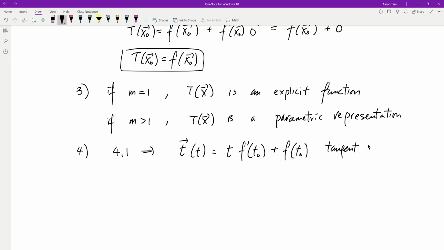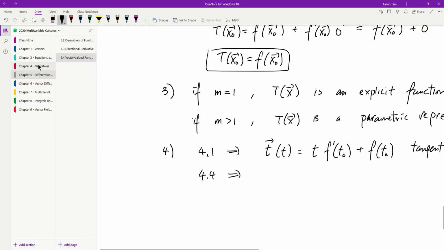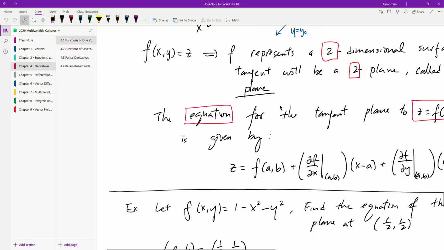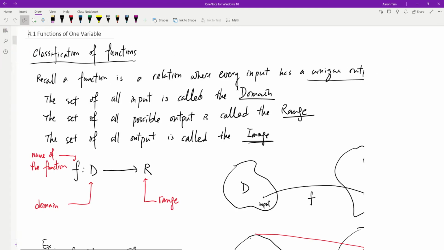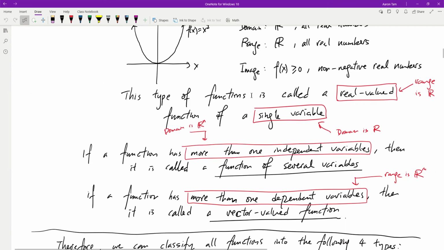I don't remember exactly if I used the same letters, but this is a tangent line formula. And if I'm not mistaken, in 4.4 we learned a tangent plane formula, which I have no idea what I labeled. Let me just look it up. Give me 1 second. Here's 4.1. Let's see what I used for the tangent line.